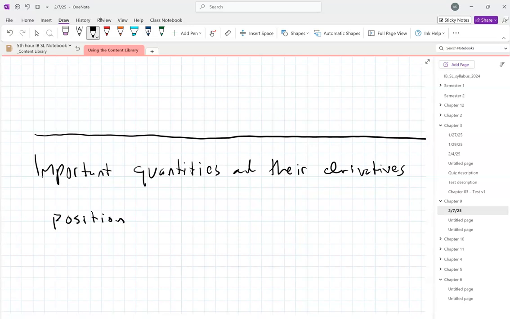So some important quantities and their derivatives. If we have position, usually we represent that with the letter s, and we take the derivative of that position function with respect to time, we're going to get velocity.